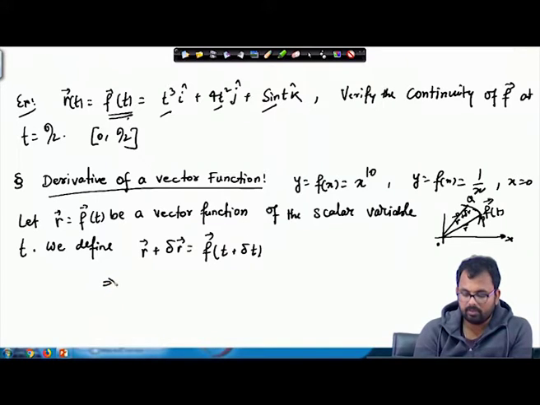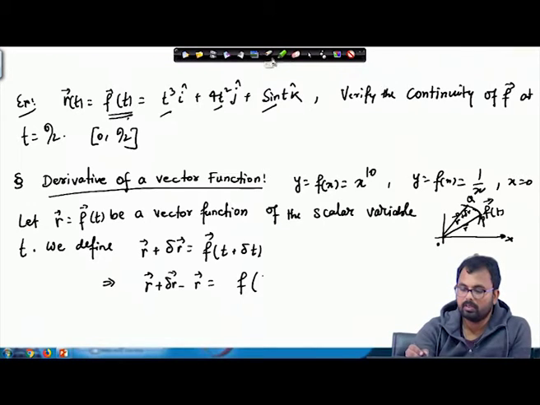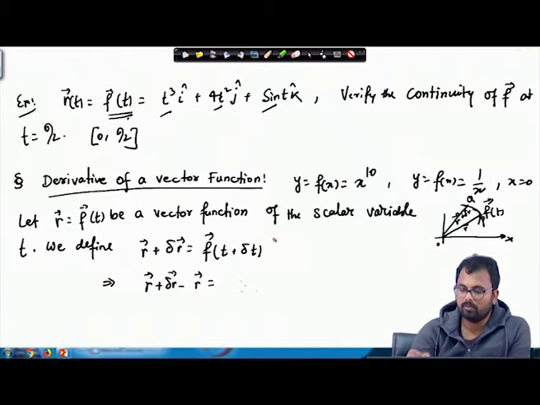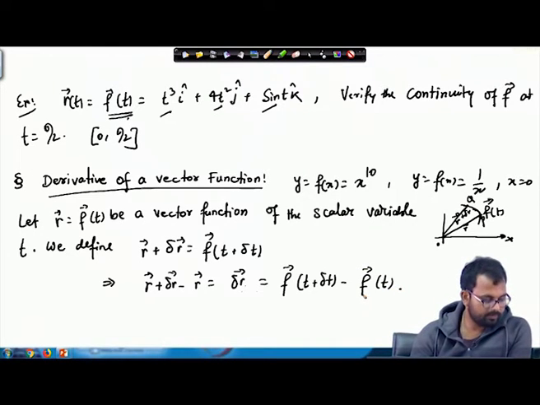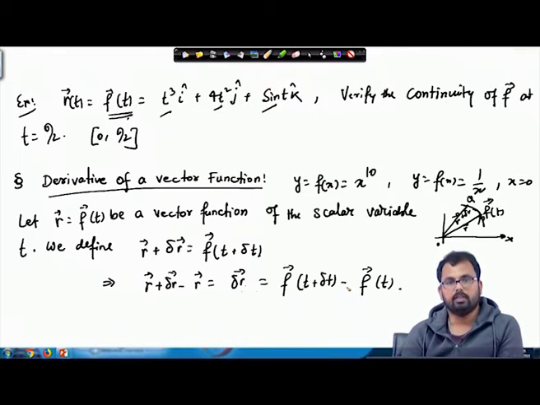So, from here, if I write r plus delta r minus r, then delta r equals f of t plus delta t minus f of t. That is this small movement from p to q. This small arc is our delta r, and delta r is defined in this way.